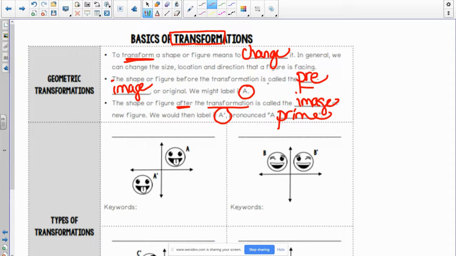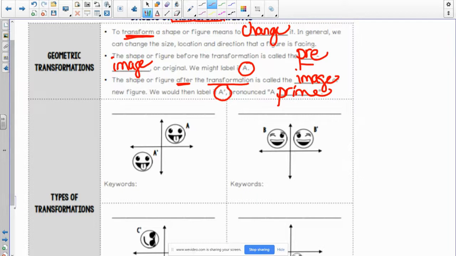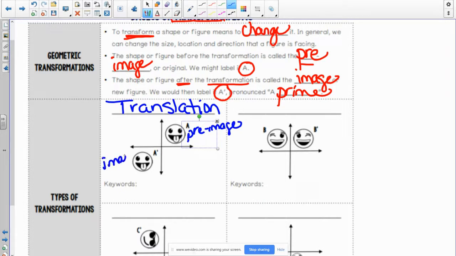There are four transformations that we're going to look at. The first one is translation. What a translation looks like, if we look here, this is our pre-image because this is lettered A. And of course, this is our image because that's A prime.